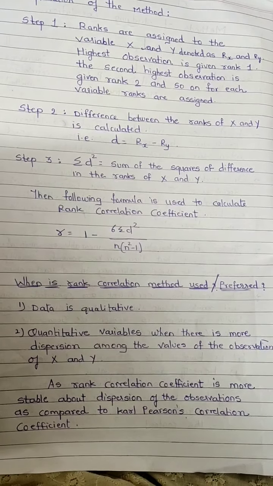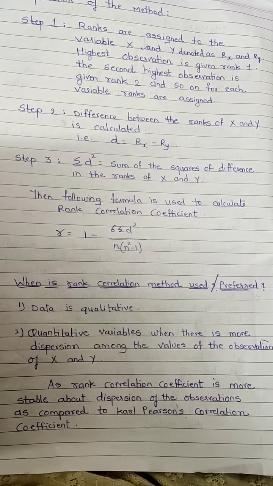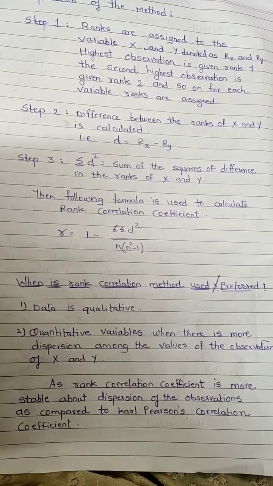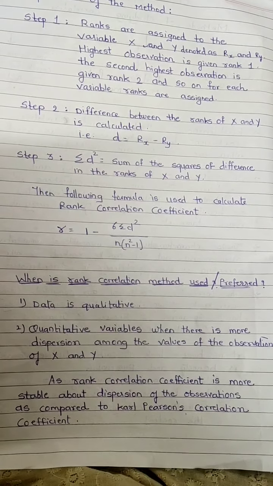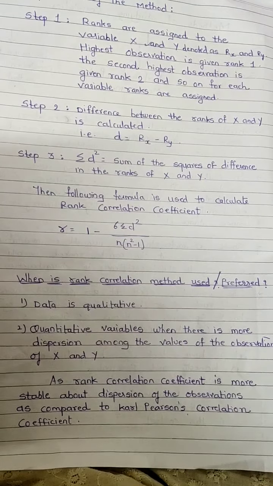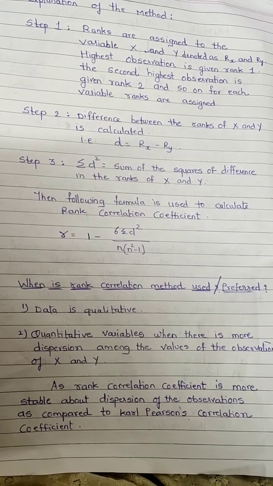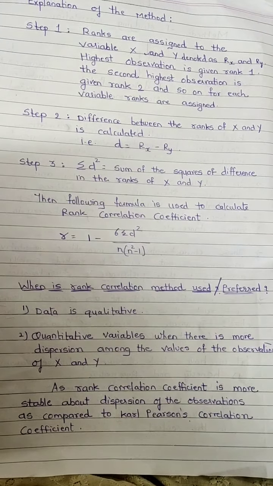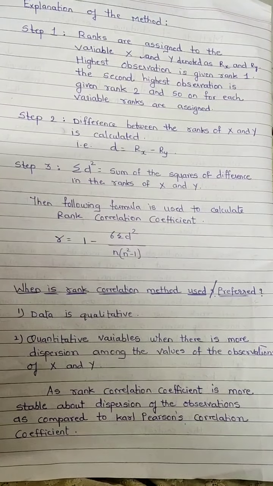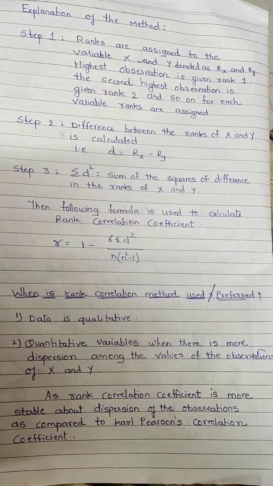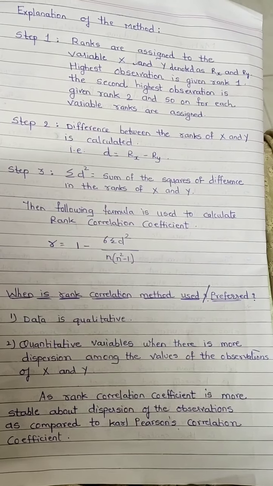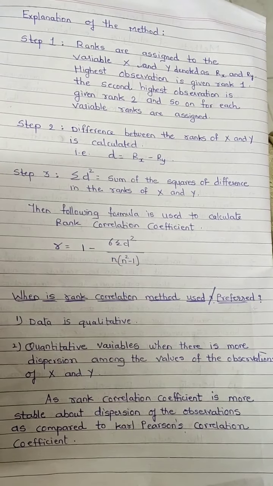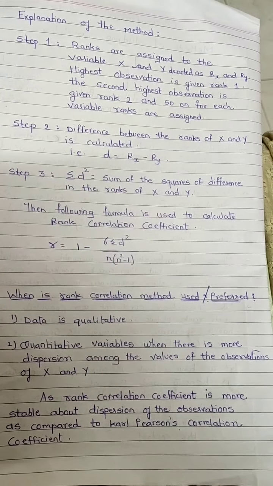Students, remember, the sum of D, that is sigma D, will always be 0. If you don't get 0, then you have committed some mistake in either calculating the rank or the difference. Step 3, we take the sum of the squares of the difference of rank of x and y, which is denoted as sigma D square. So these are the 3 simple steps to be followed. Step 1, assign rank.